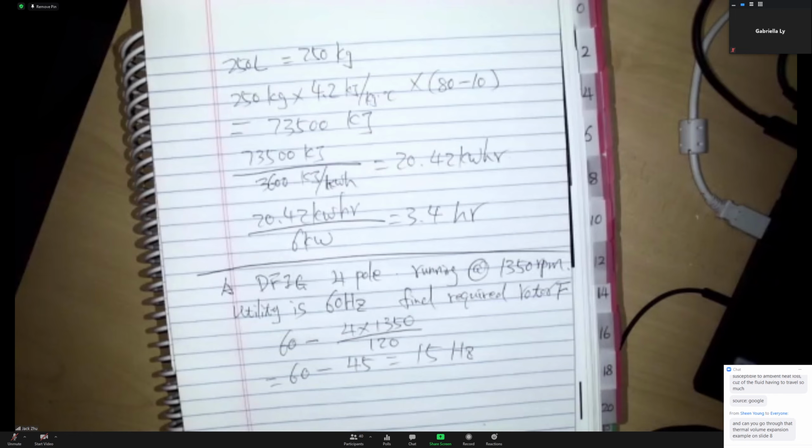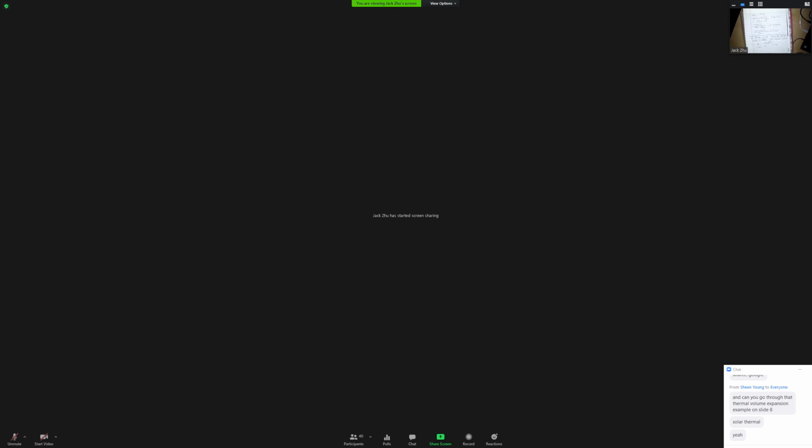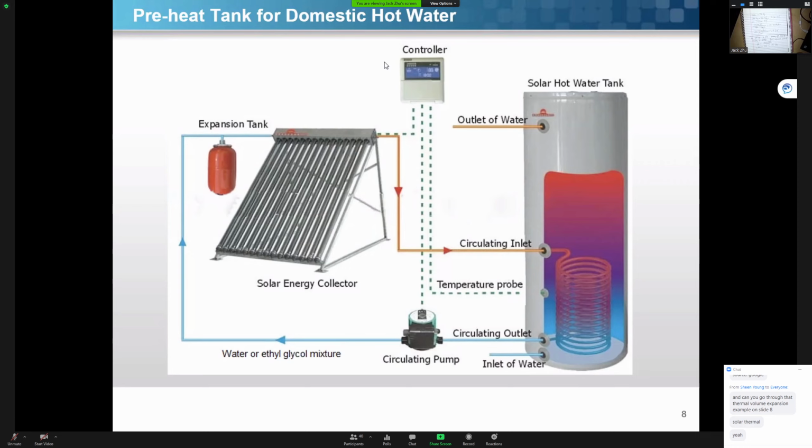The one we call the solar thermal? You mean this one?